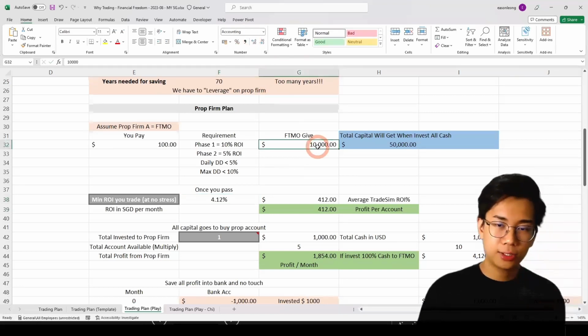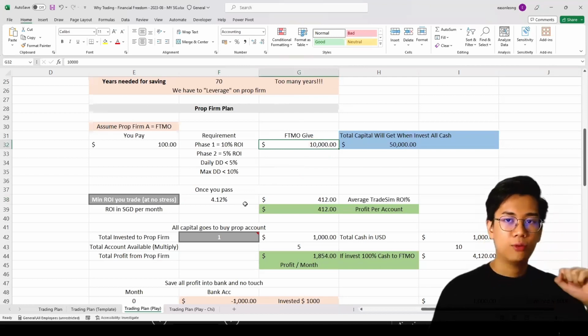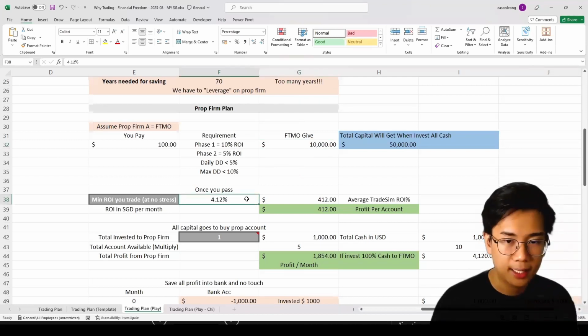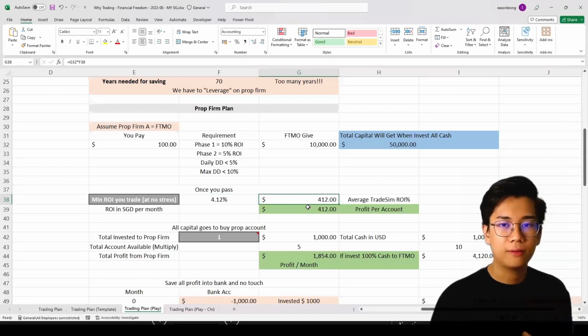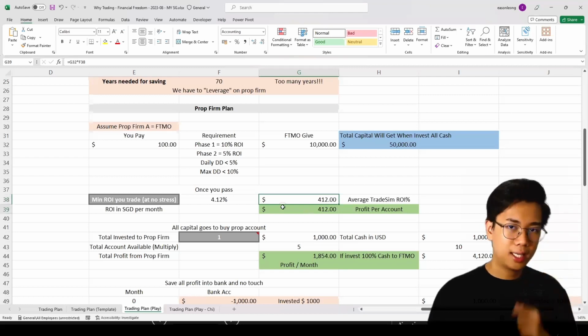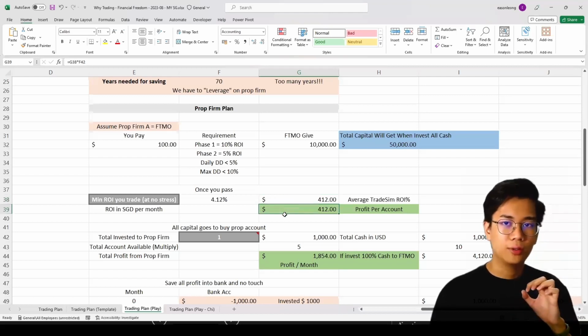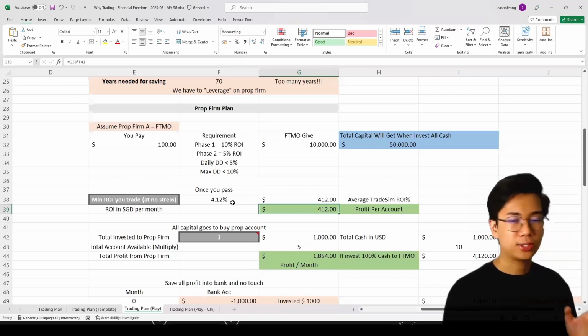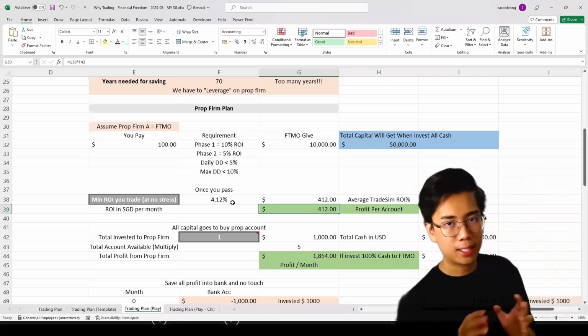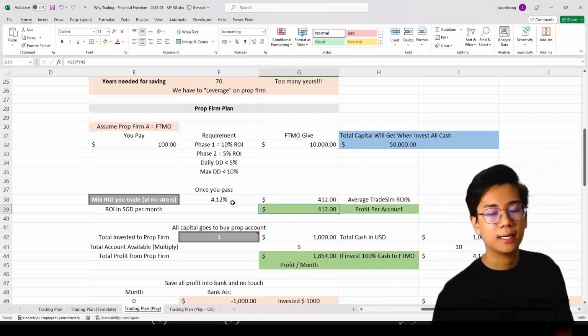For $10,000 here, you trade 4.12%, which is $412. And you can convert to ringgit, or any other currency. Just use your calculator. For now, I converted everything in dollars, or USD.